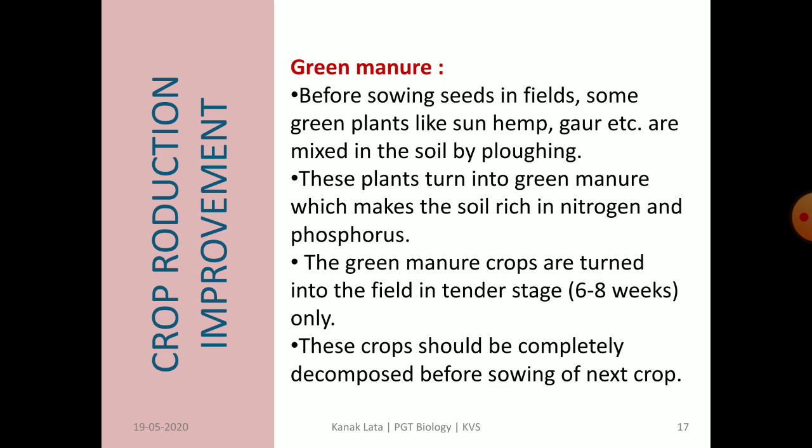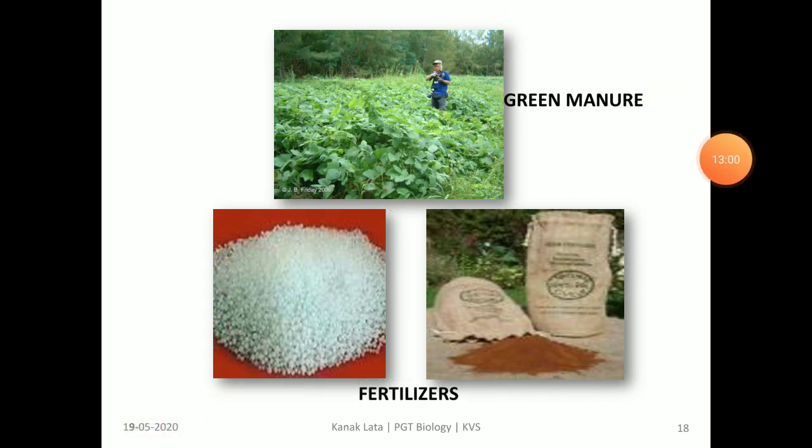The green manure crops are turned into the field at the tender stage, that is at a very young stage, about 6 to 8 weeks only. These crops should be completely decomposed in the crop field before sowing the main crop. This figure shows green manure.